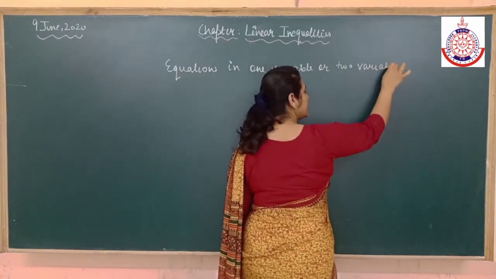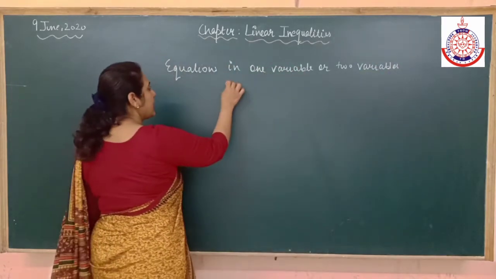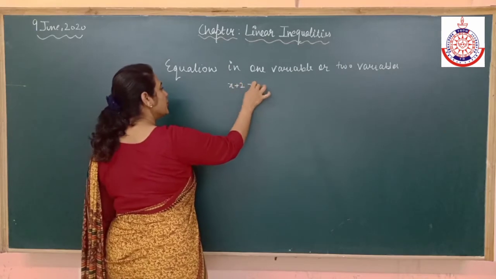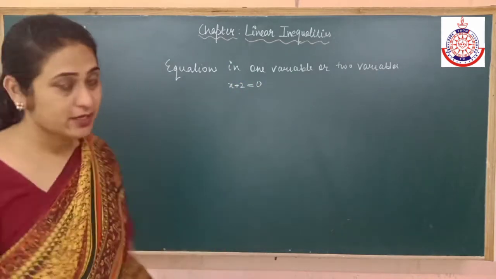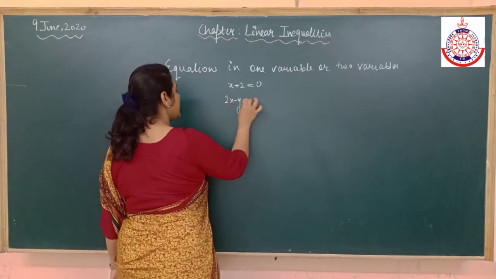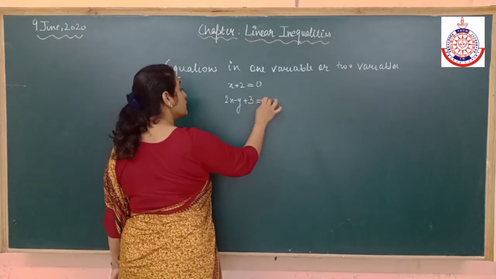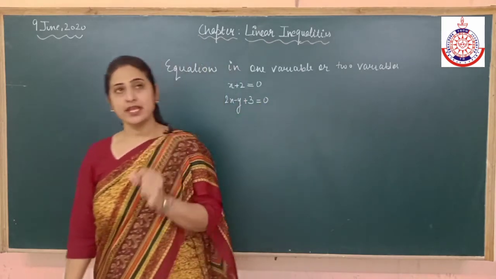And everyone is aware of what equations are. If I say x plus 2 is equal to 0, that's an equation in one variable. If I say 2x minus y plus 3 is equal to 0, this is an equation in two variables.